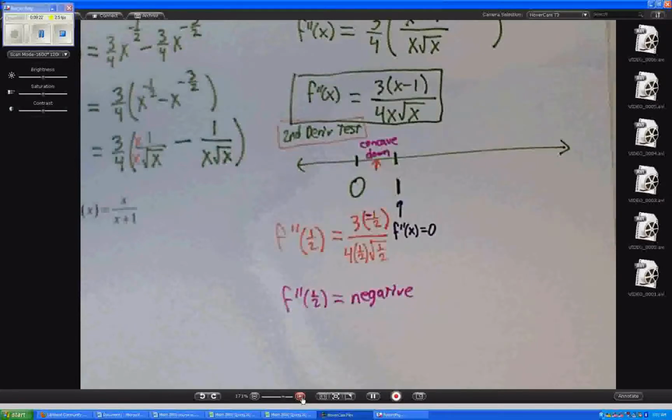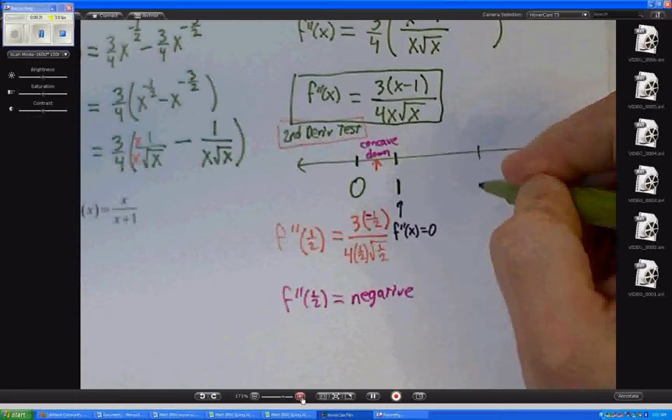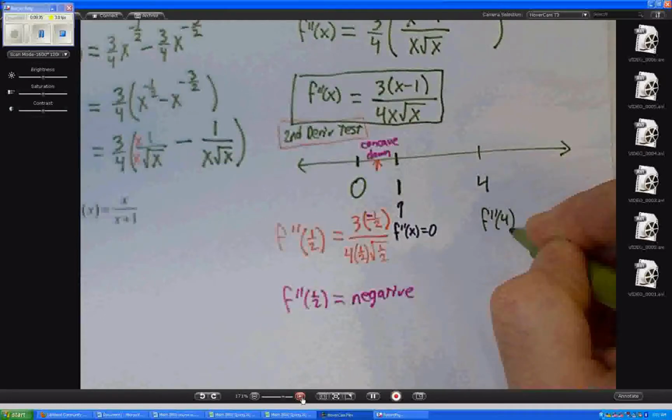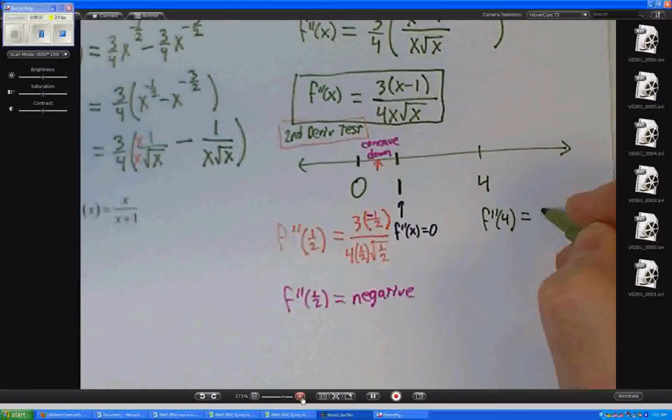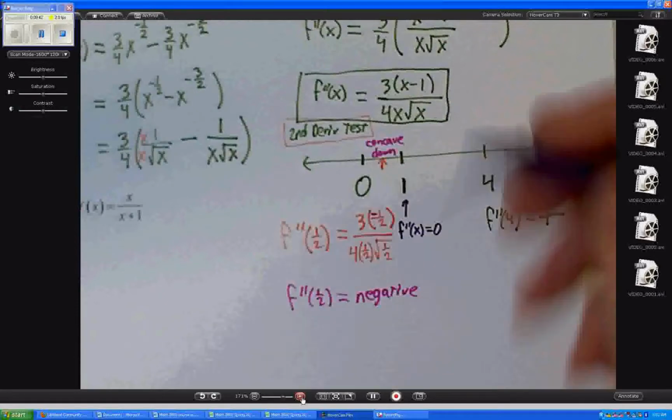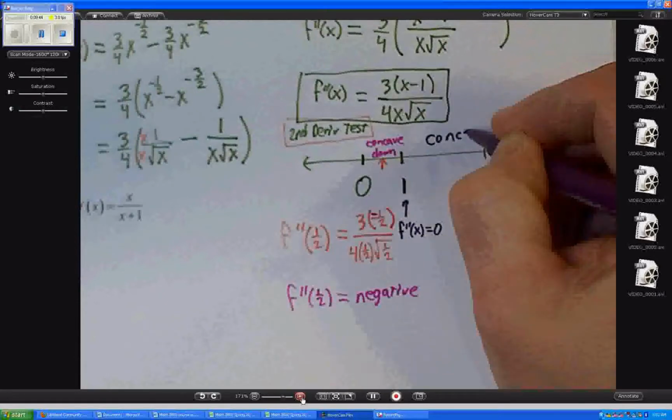Okay? We'll try another point. Let's try something like 4. If I compute f double prime of 4, I think you'll agree I get positive. And that tells me over here I am concave up.